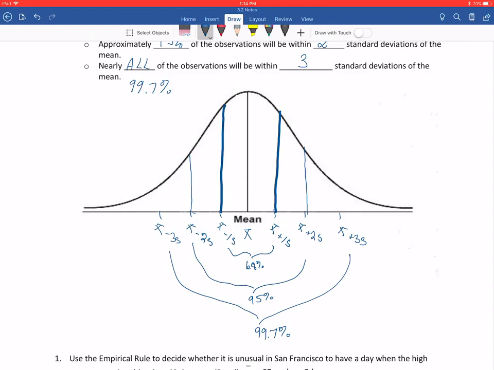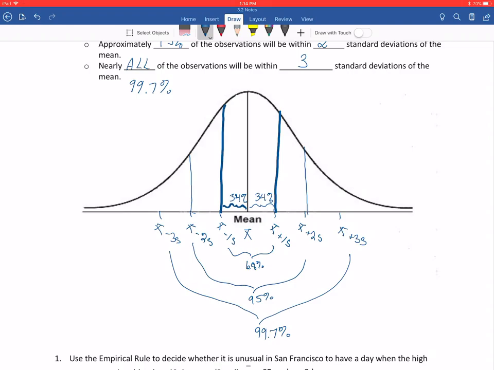Just because you might need it for some of your homework problems, not because of anything particular that I personally would ask you, I'm going to give you some more broken down percentages that might be helpful for you. If there's 68% in this whole middle part, that means either one of those areas itself would be 34%.